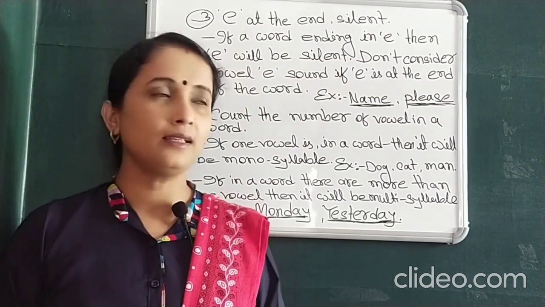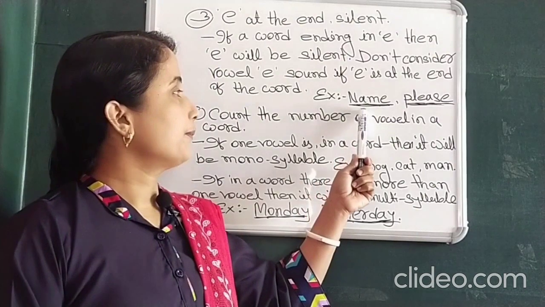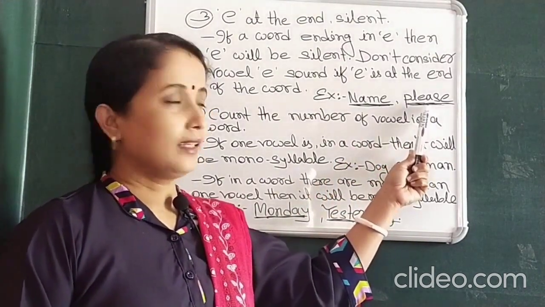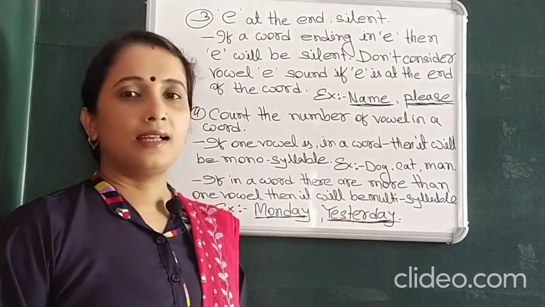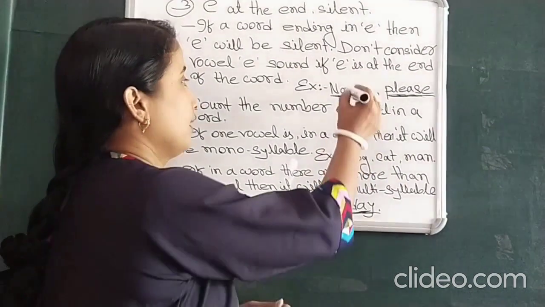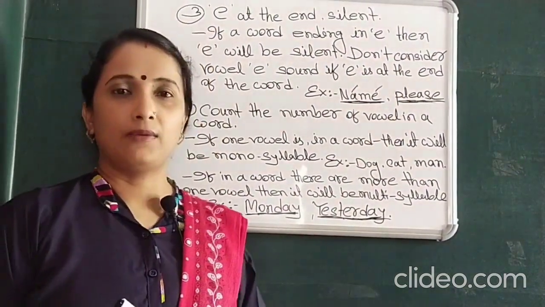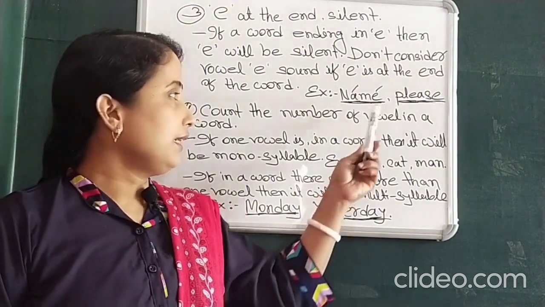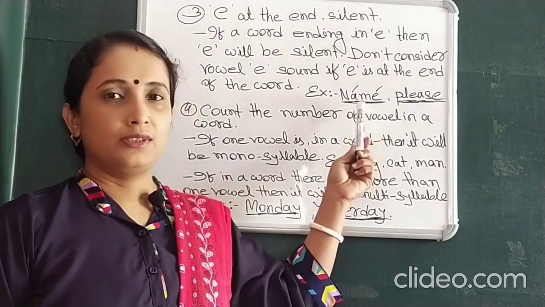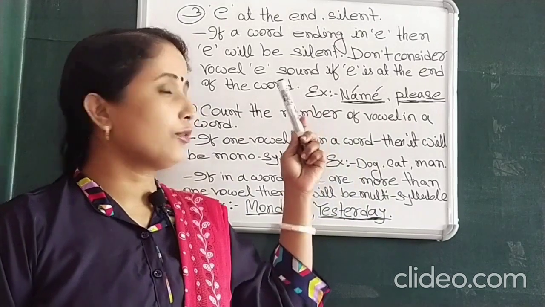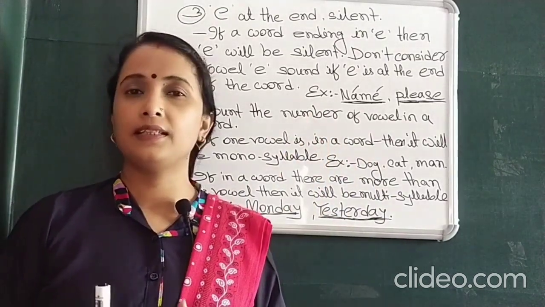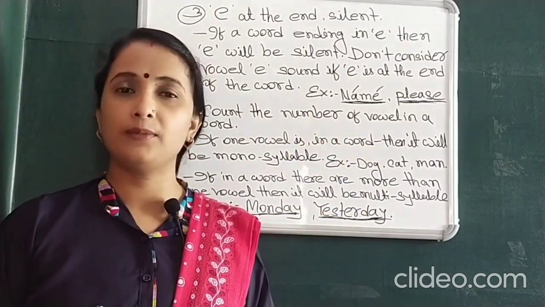Let's see an example. Name. In the word name, here are two vowels, A and E. But E is at the end of this word. According to rule number 3, if E is at the end of the word, then E will be silent.